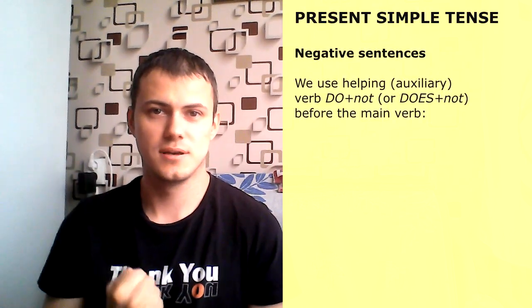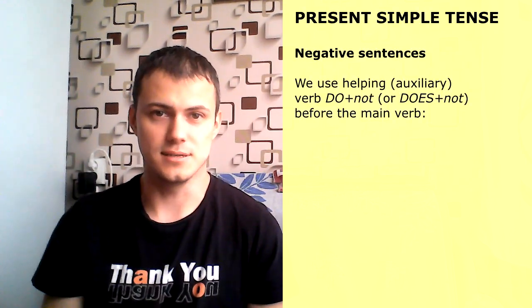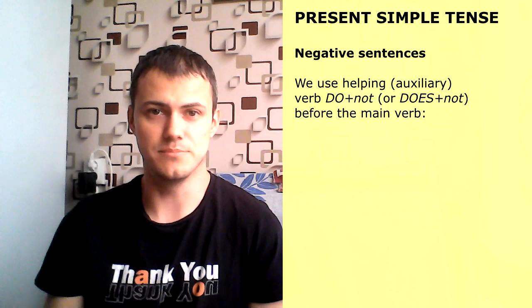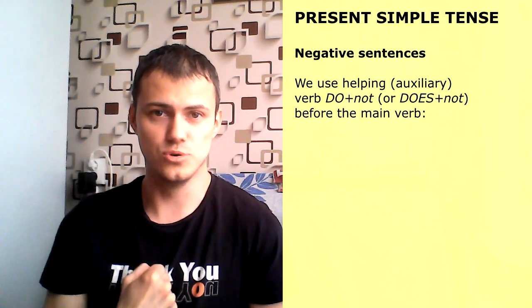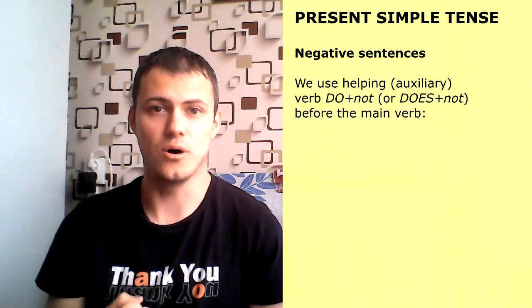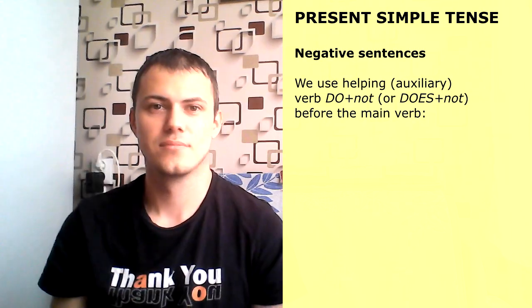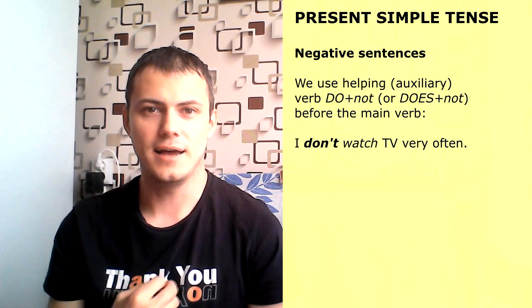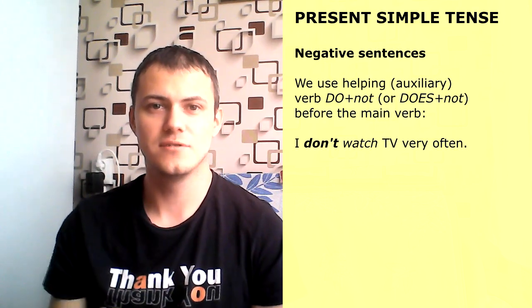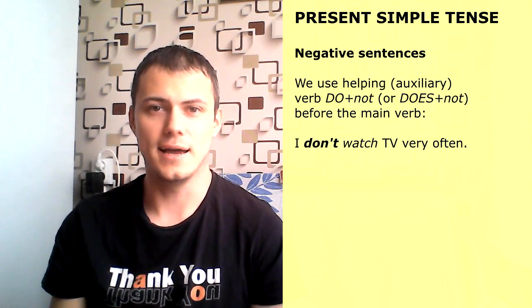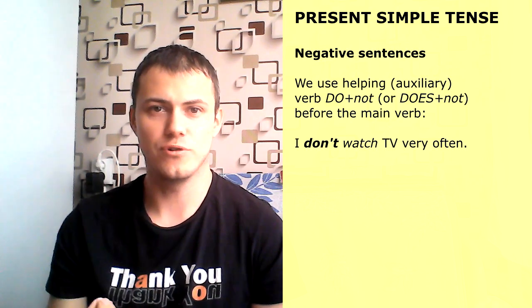Please notice that in the negative sentences with the present simple tense, we should use the helping or auxiliary verb do. For example, I do not watch TV very often, or I don't watch TV very often.